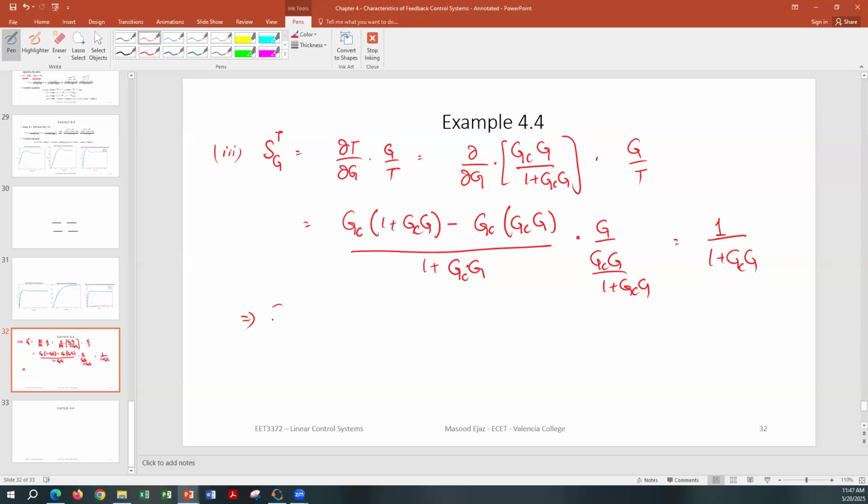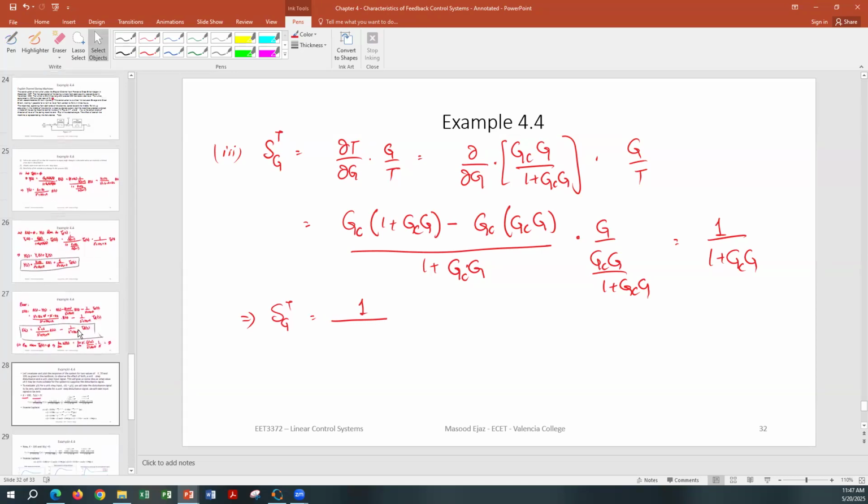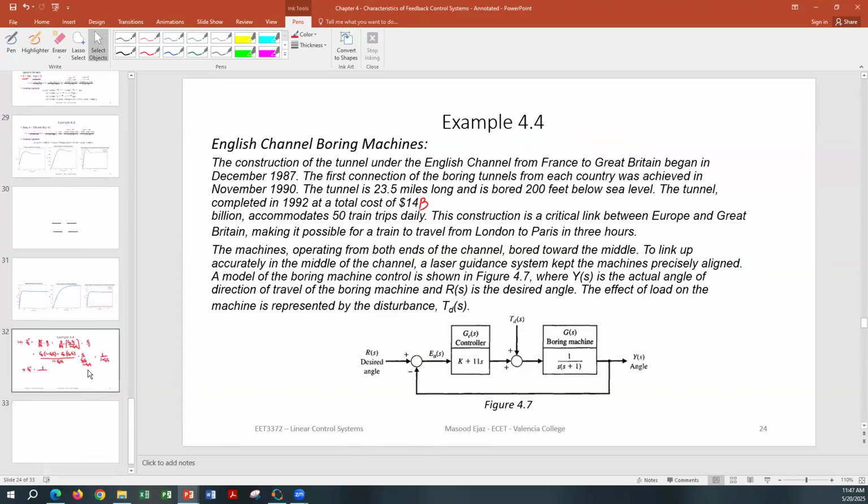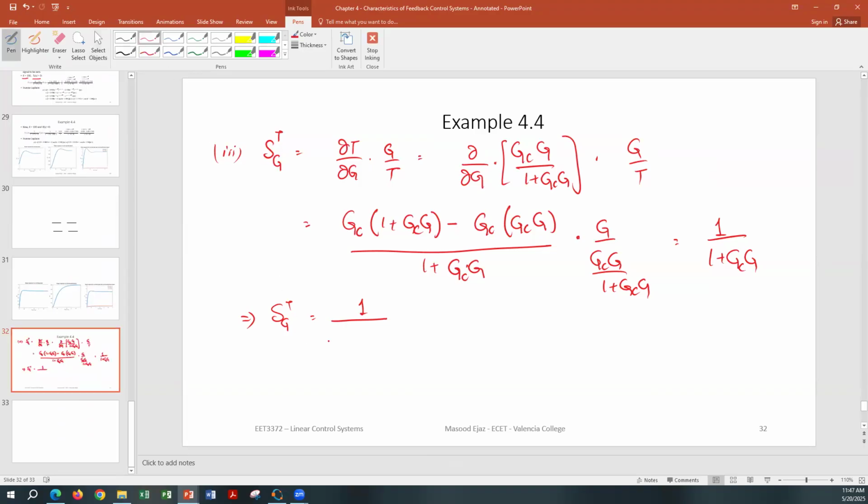So when we plug in the expression, G_C is (K plus 11s) and 1 over s plus 1, so (s square plus s) over (s square plus 12s plus K).